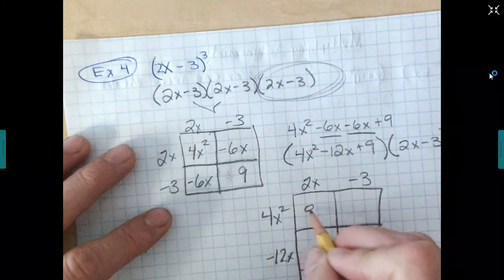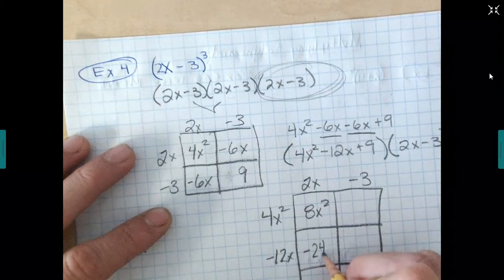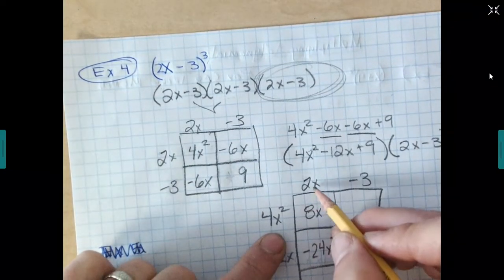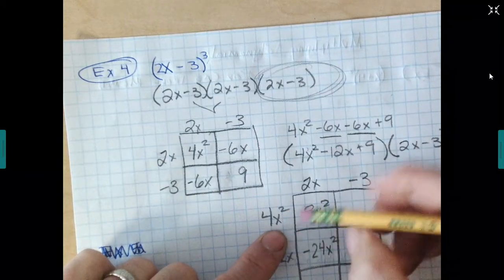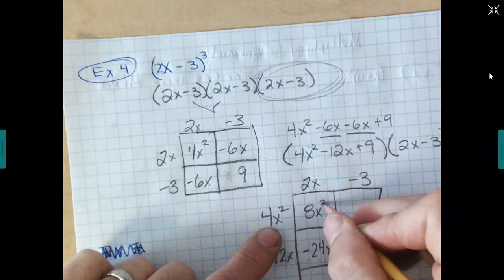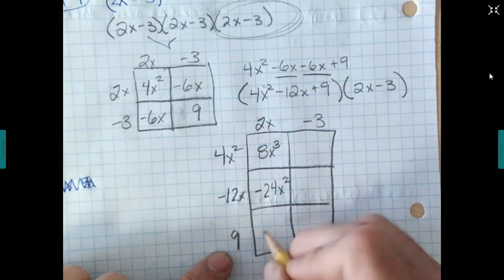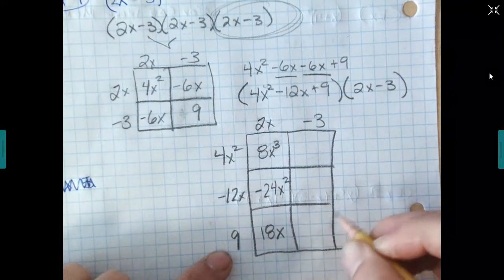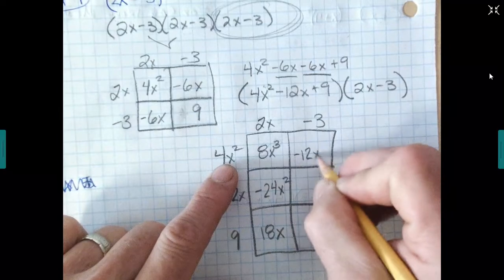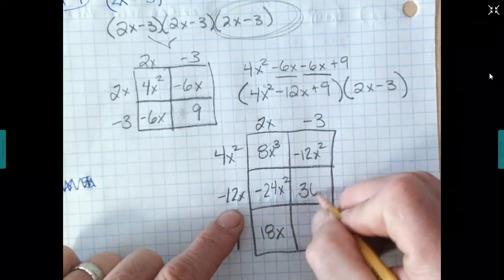Oh, mistake. 2x times 4x squared is 8x cubed, because I have 2 x's here and 1 x here, so it's cubed. 2x times negative 12x is negative 24x squared. 2x times 9, that's 18x. Negative 3 times 4x squared is negative 12x squared. Negative 3 times negative 12x is a positive 36x.